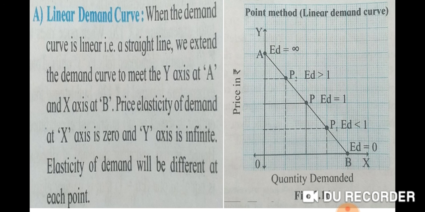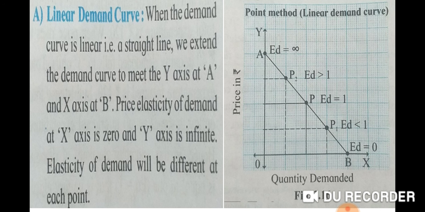When the demand curve is linear, that is a straight line, we extend the demand curve to meet the y-axis at A, and at point B it touches the x-axis.